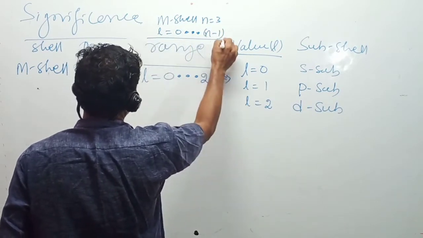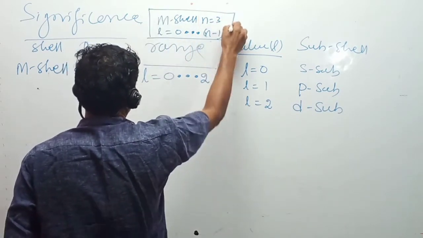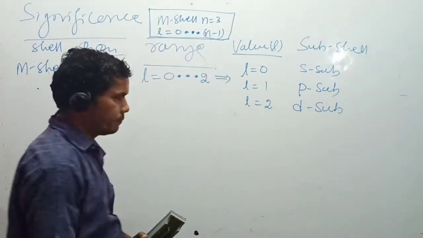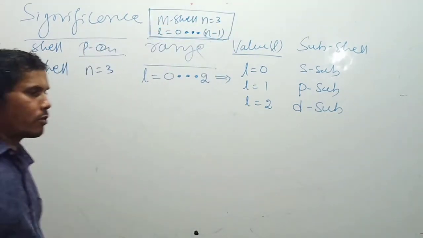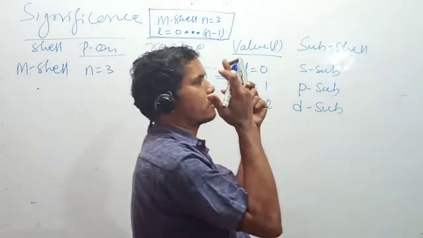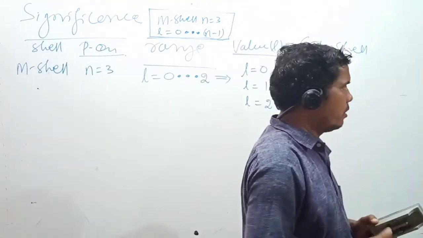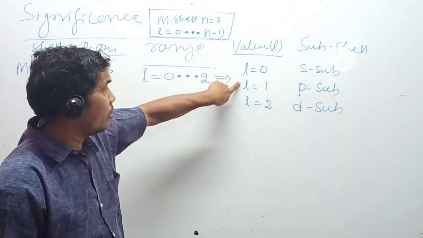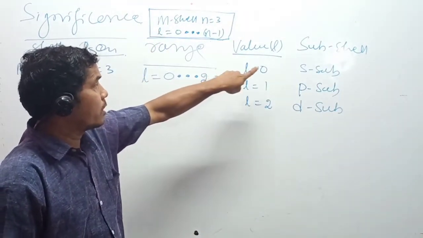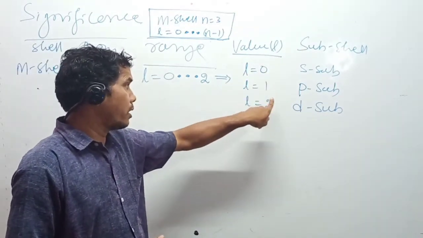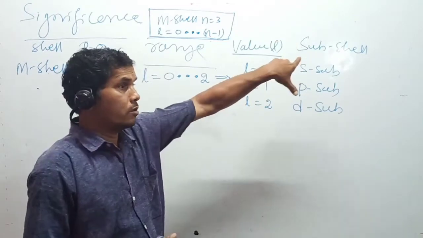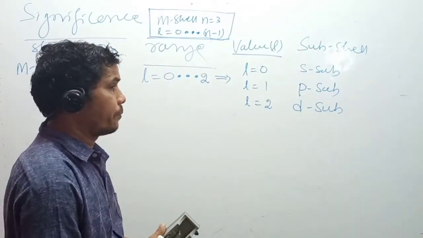And you are going to find out how many subcells, how many small rooms will be there. By calculating, you get 3 small rooms where the code address is L0, L1 and L2, that is S, P, D.